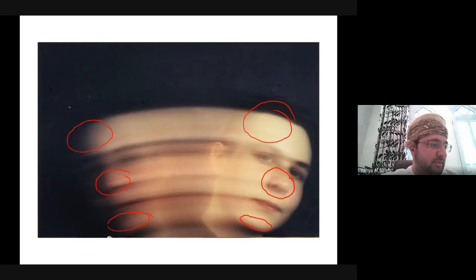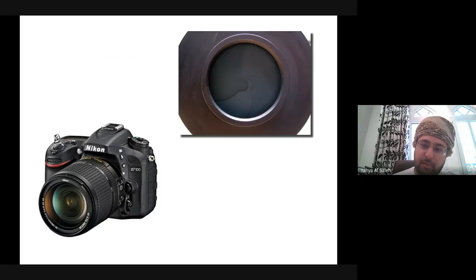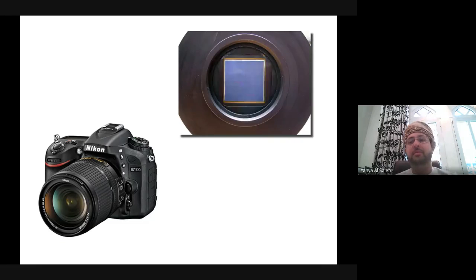Okay, one person said the same. Here's what happens. You have your camera. You click on the thing. Shutter opens and closes. And it takes a certain amount of light in.